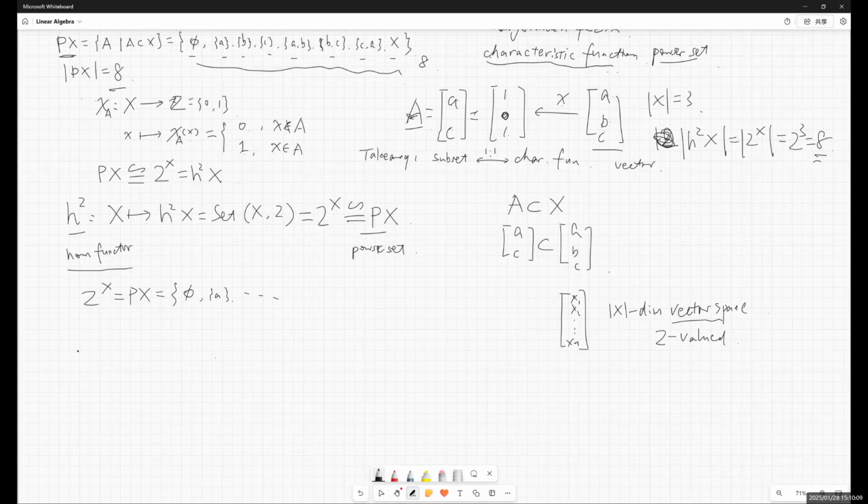So we can always denote it as the empty set. Nothing belongs to the empty set, so it's 0, 0, 0.